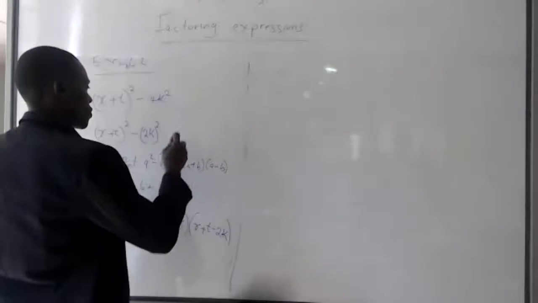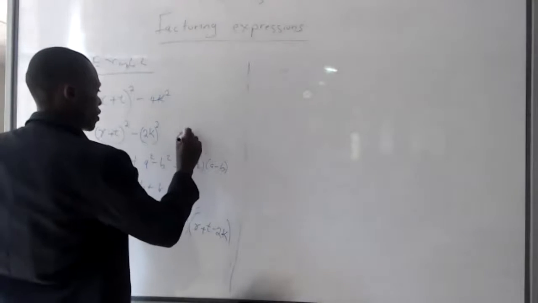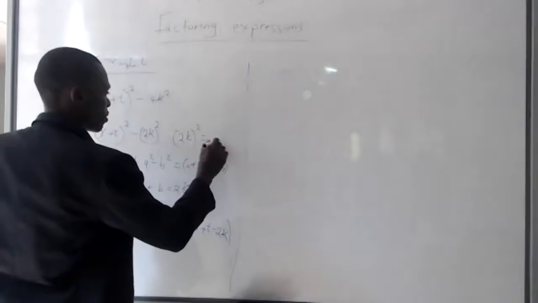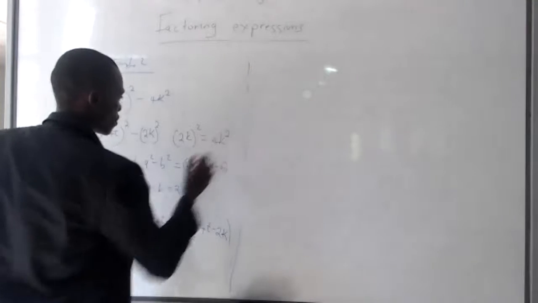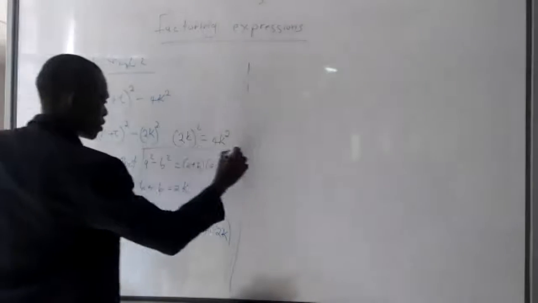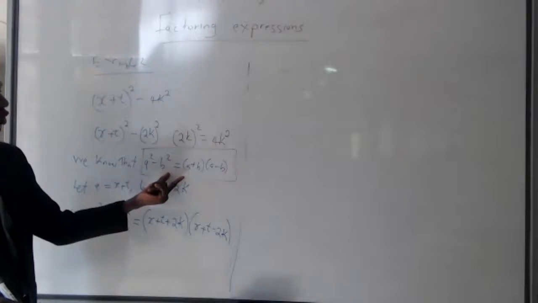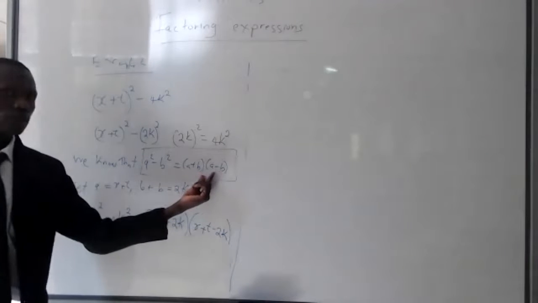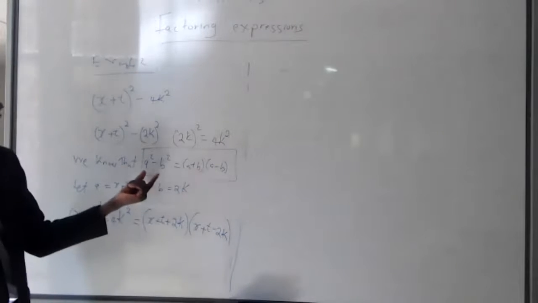So remember, (2k) squared is the same as 4k squared. So we are using the rule that a squared minus b squared is a plus b times a minus b. And we have shown this by multiplying the right-hand side, and we arrive at the left-hand side.